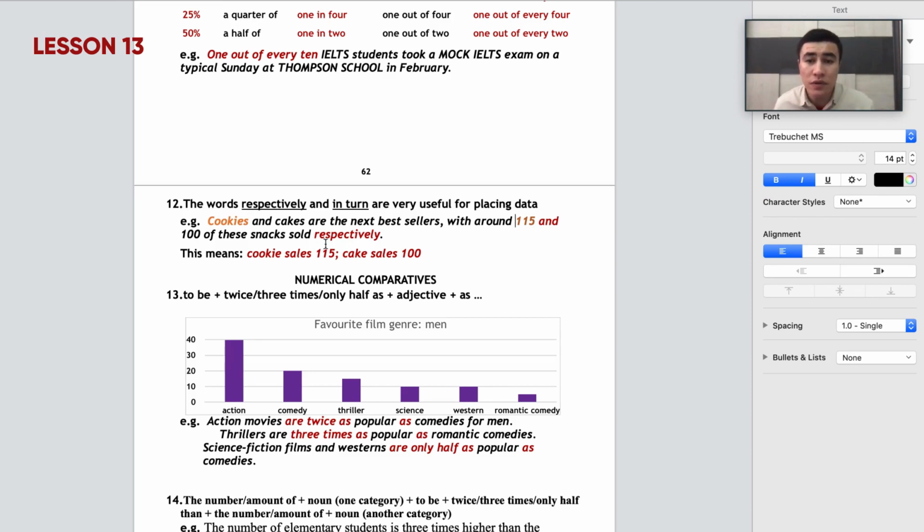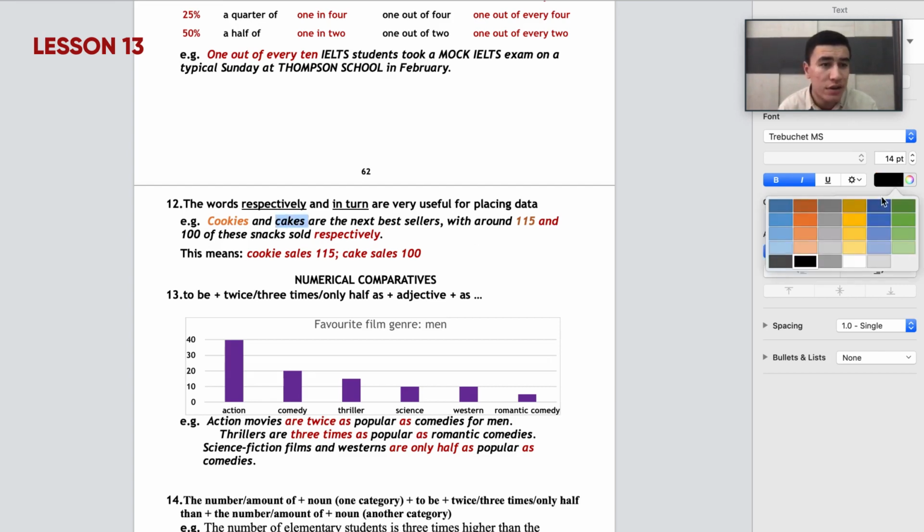Okay, if you use one of these words like respectively or in turn, it means the first number actually belongs, or let's say describes, the first item here. So cookies 115, so cakes, okay, let me change the color here. We have cakes.